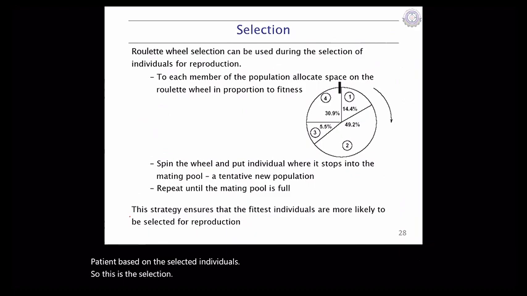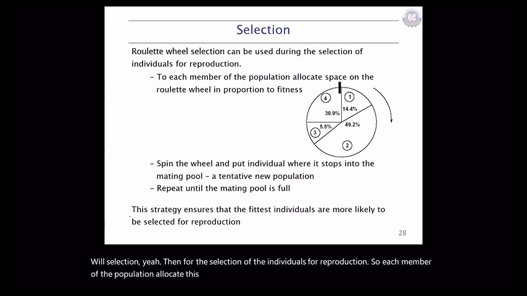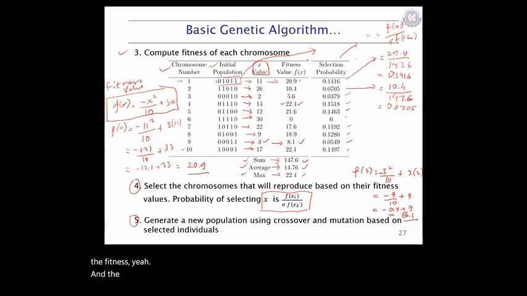Just for the example, in this case, we do the selection by using roulette wheel selection for selecting the individuals for reproduction. Each member of the population is allocated a space on the roulette wheel in proportion to fitness. So we know the fitness, and the fitness percentage is like this. For example, this is 14.16.